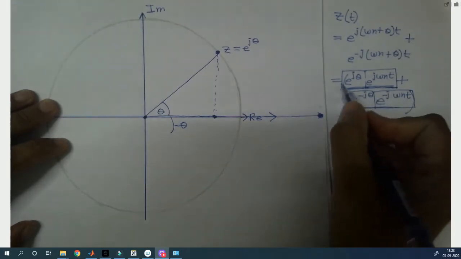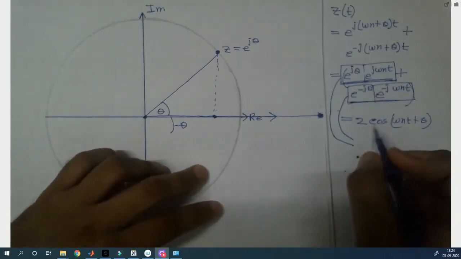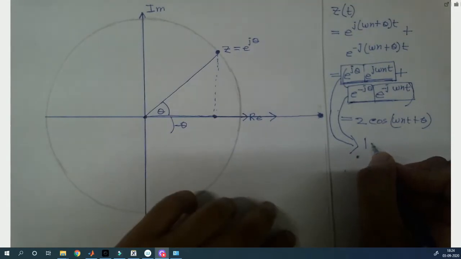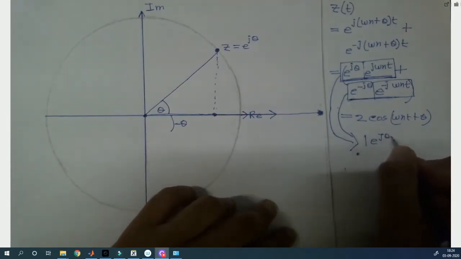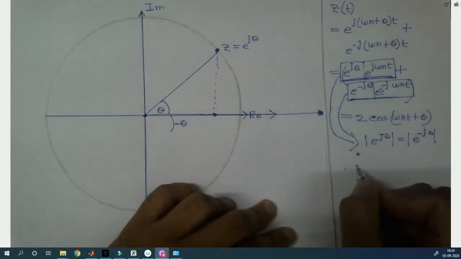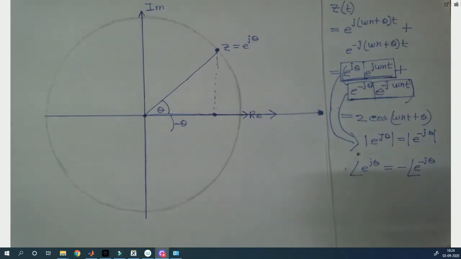Now if you look at these two coefficients, then you shall see that modulus of e to the power j theta is equal to the modulus of e to the power minus j theta, and the angle of e to the power j theta is equal to minus of the angle of e to the power minus j theta.